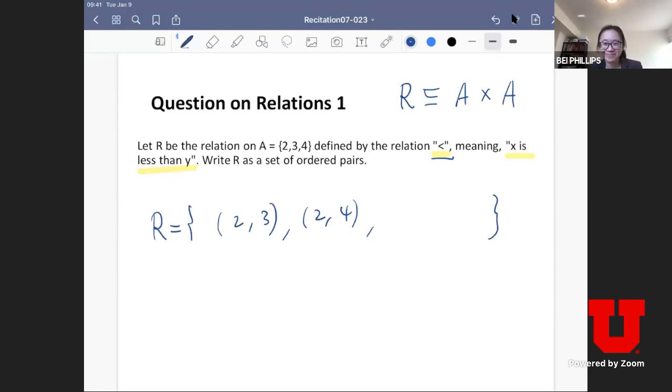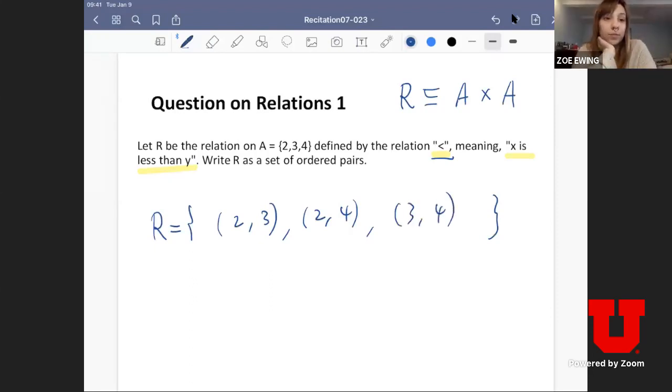Missing one. 3 and 4. Right? So those are all possible pairs of elements in A cross A, such that the first element is smaller than the second element. So this is describing the relation on A cross A using the symbol less than.